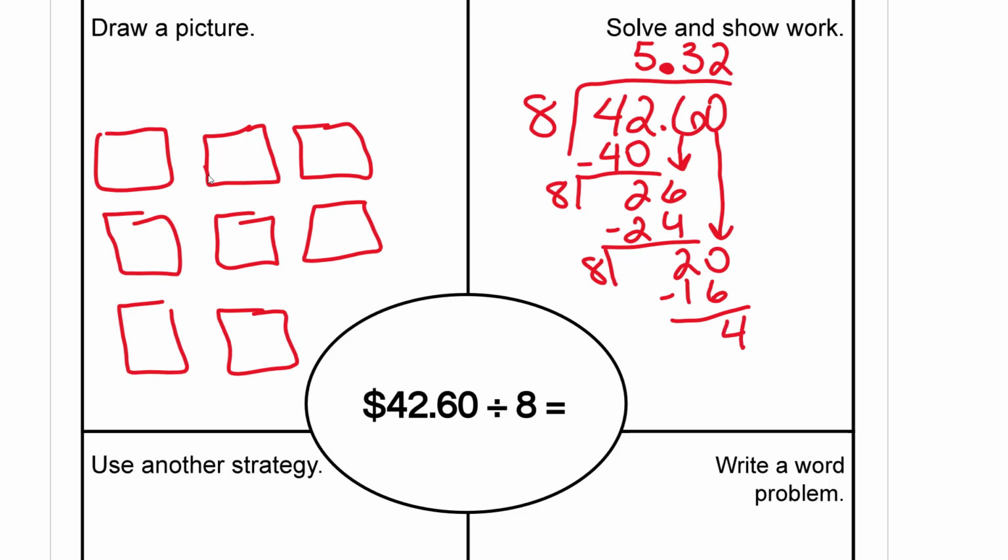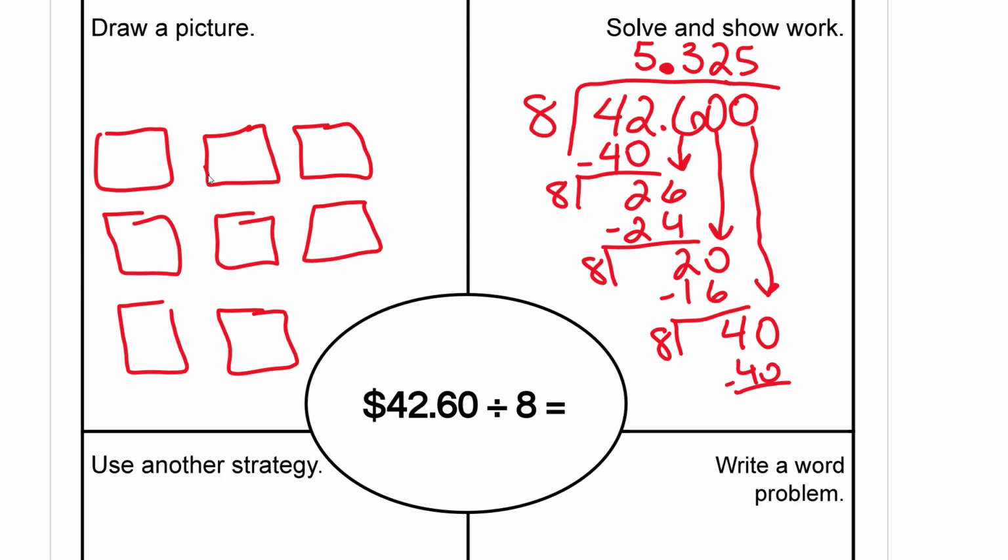And, well, yeah, I know, it didn't work out evenly, and what are they doing to us? But we all know we're big people. We can add another 0. We're going to bring down our 0. 8 goes into 40 5 times. 5 times 8 is 40, and it worked out.